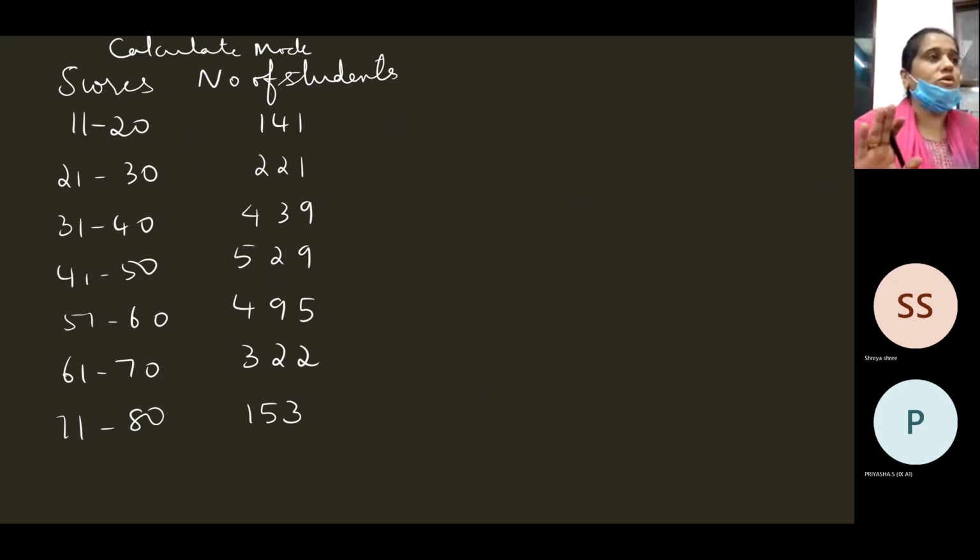For mode, you don't have to create any extra column. Class intervals, frequencies, that's all. For median, you'll have to create one extra column, CF.